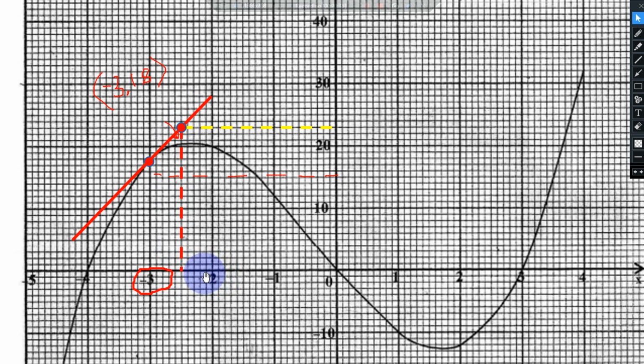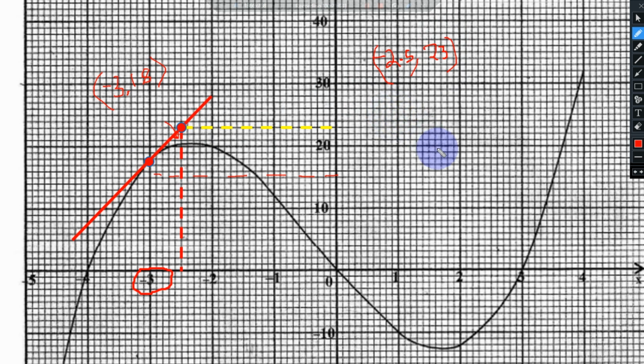So this is negative 2, then 1, 2, 3, 4, 5, so my x value is negative 2.5, comma. So these are the second coordinates. Then my y value here is 21, 2, 3, so this is 23. These are the 2 points we are going to use to calculate the gradient for this point.